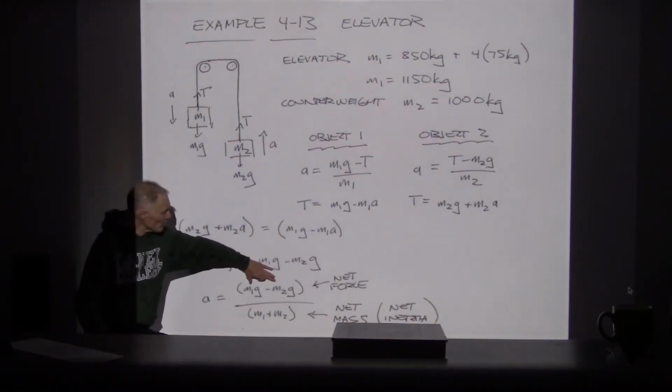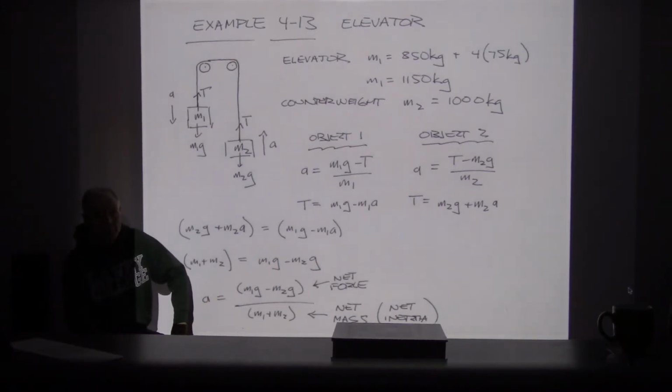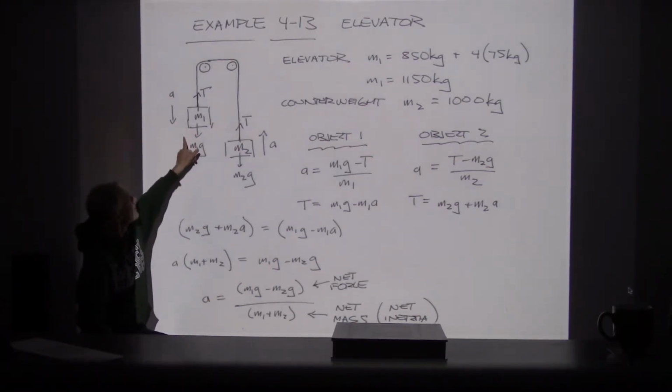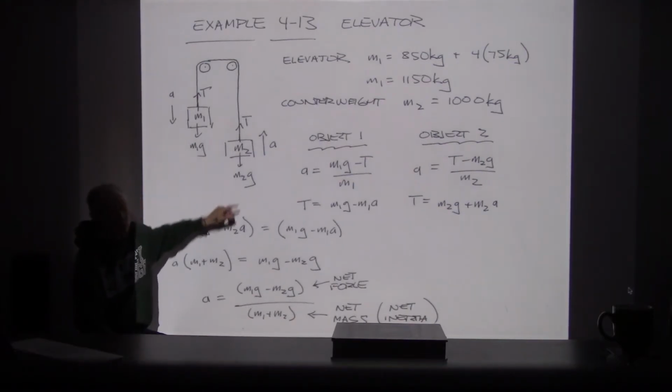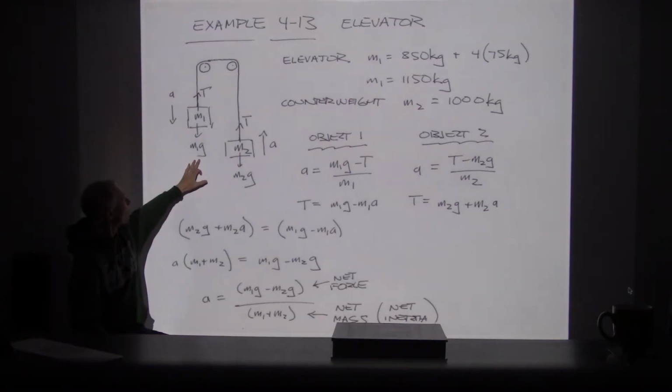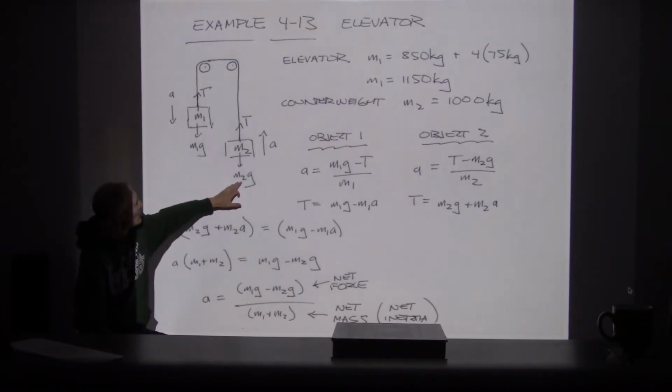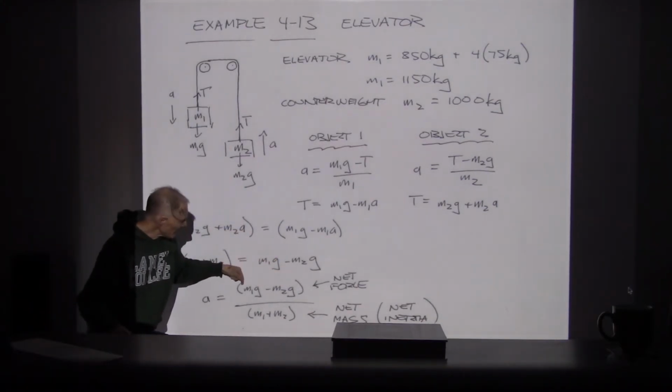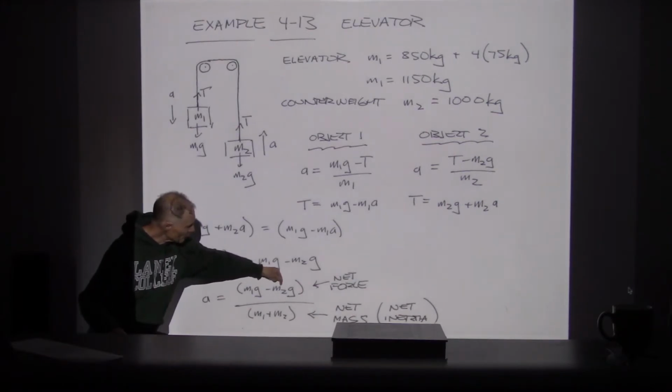What are the forces outside driving this system? It's gravity. And the way the cable is set up, in some sense, the gravitational forces are opposing each other. This one's tending to accelerate the object to the left. This one is opposing that acceleration, but it's not big enough. So the net force is m1g minus m2g.